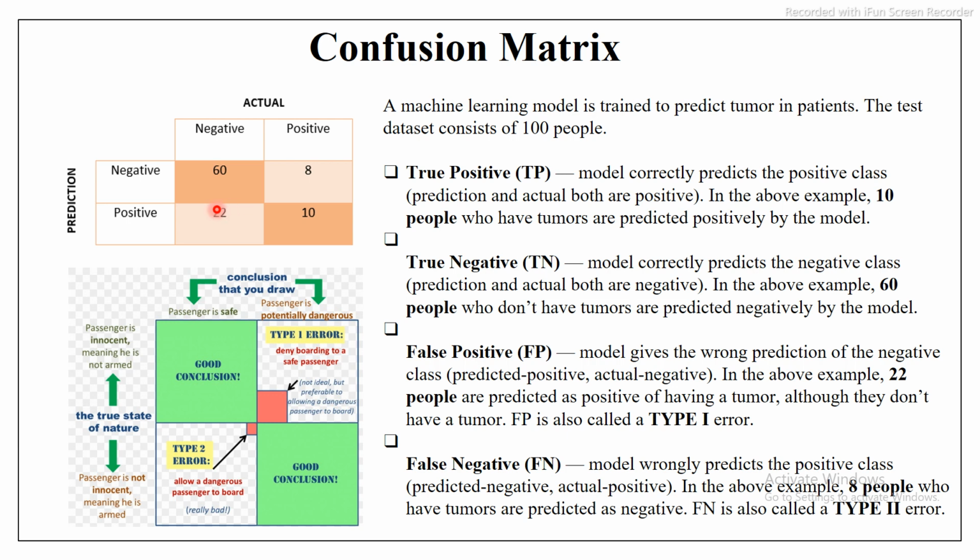These people don't have a tumor, but they were told that they have some kind of tumor. Obviously, they will go through different medication and it costs finance, so this is a problem, but not critical. This 8 is critical: people who have a tumor are predicted as negative. This type 2 error is a problem.